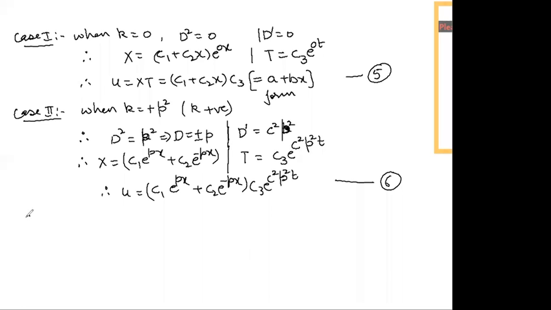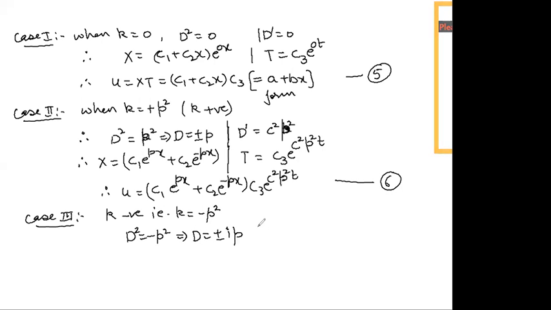And then the last case was case third, when k is negative, that is k we took as minus p square. Therefore, D square is minus p square, D is equal to plus minus iota p, and D dash is equal to minus c square p square.